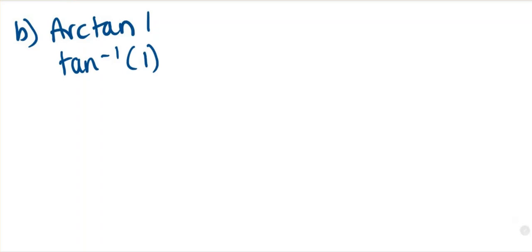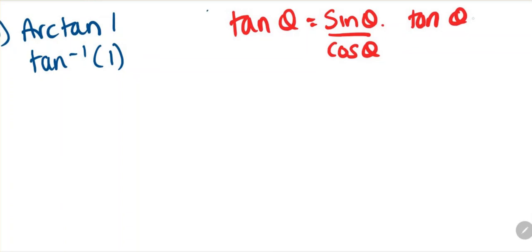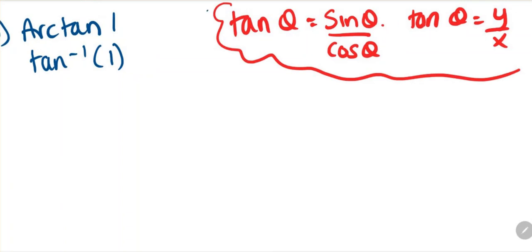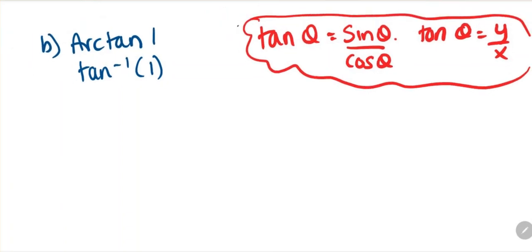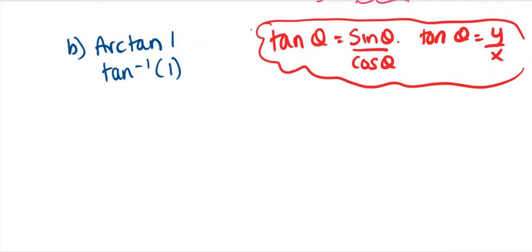So we can also say tan of theta is equal to sine of theta over cosine of theta, because tan of theta is y over x. So something to remember. So first of all, we'll use the calculator. We'll do the calculator method.